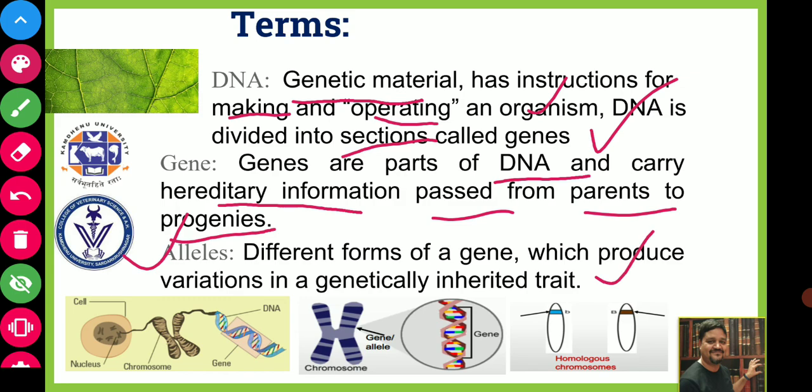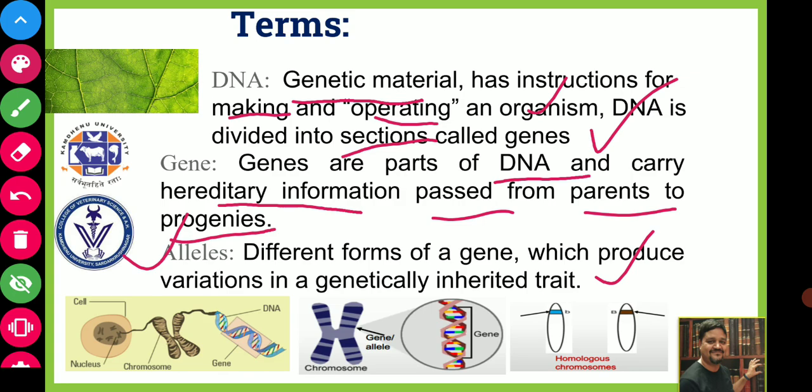So what will alleles do? They will create variation. Suppose a gene is characterizing a character or a trait. One form of the gene will signify one form of trait. Another form of that particular gene, that is a different allele, will signify a different trait.